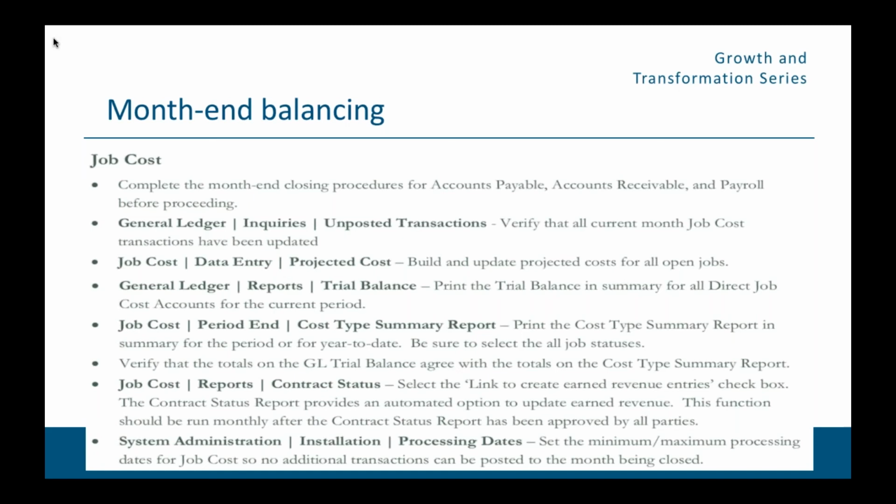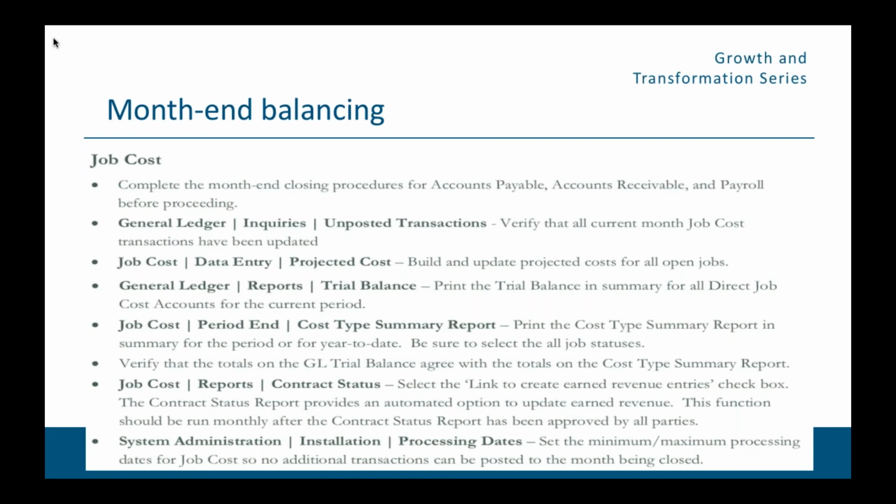We want to make sure that those modules are closed first and everything has been sent on its way to collect in job cost and in general ledger. So we do those first. Then we're down to doing the unposted transactions. That's one of those first things that should have already been done.